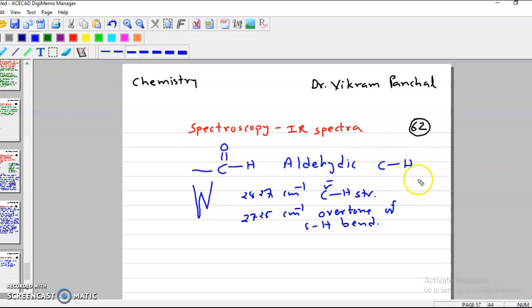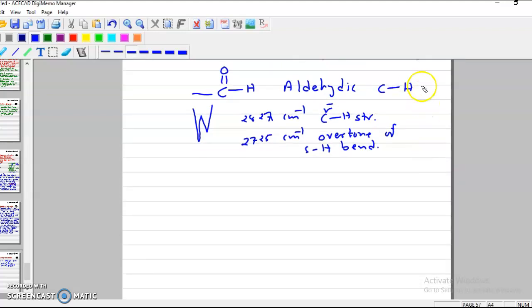Therefore these two appear like a doublet, and it is because of Fermi resonance. So this is also known as Fermi doublet. Normally the aldehydic CH stretching vibration appears as a doublet due to interaction between CH stretching, that is fundamental, and the overtone of CH bending vibrations.